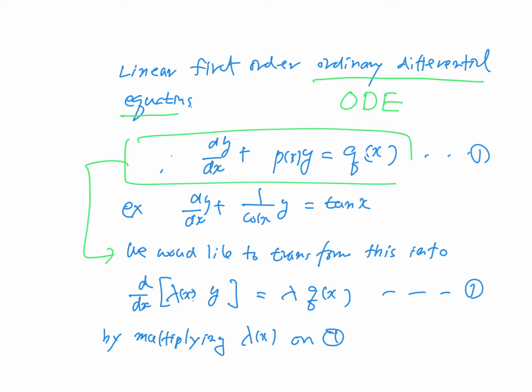So the idea is we multiply equation 1 by some function lambda of x and make it into a form like 1. We call this an integrating factor, and see what happens.